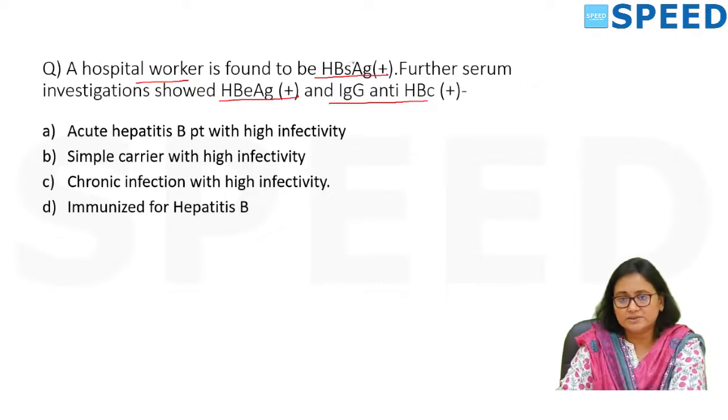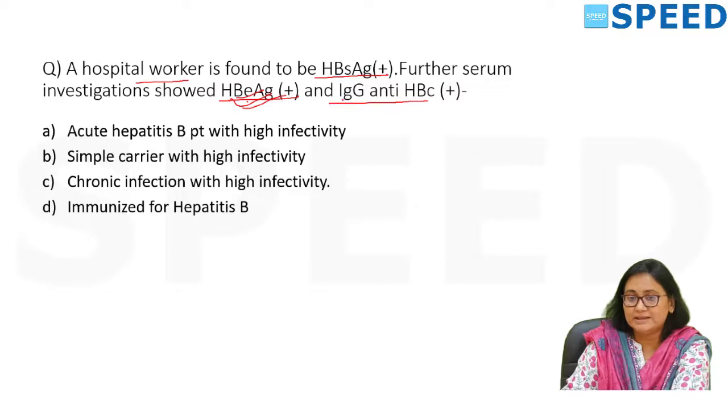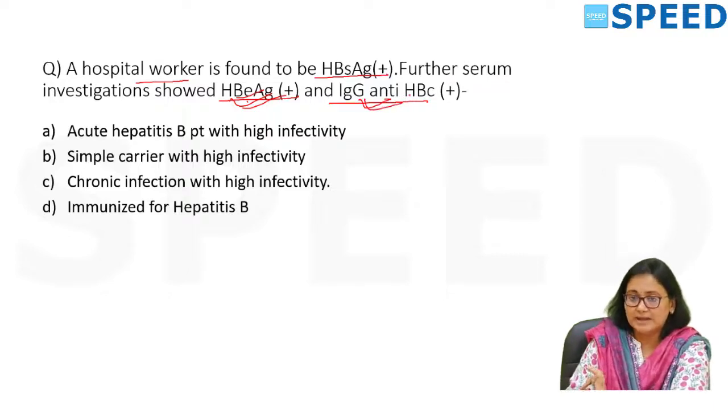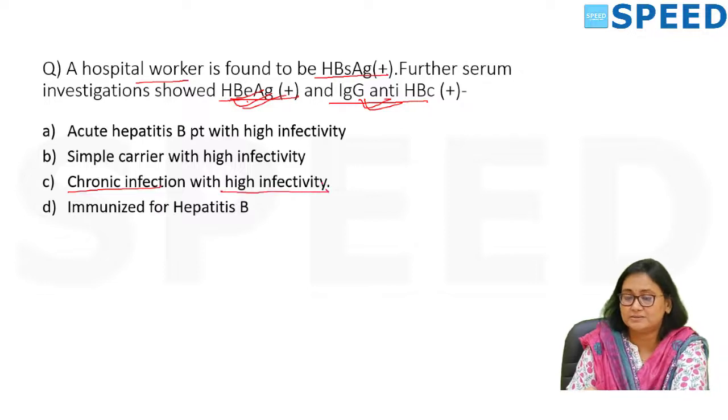So, surface antigen is positive, envelope antigen is positive, which indicates that there is high infectivity. And he is having IgG anti-HBc. So, IgG will indicate that it is chronic infection. So, he is a case of chronic hepatitis B infection with high infectivity.